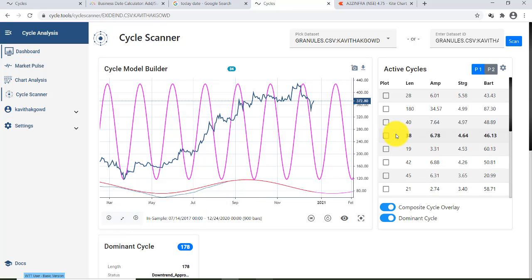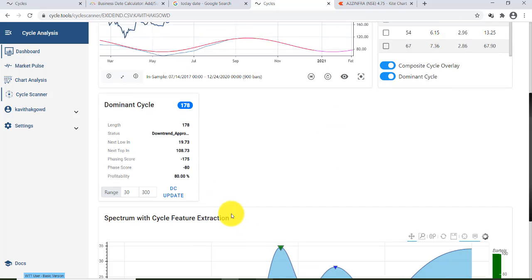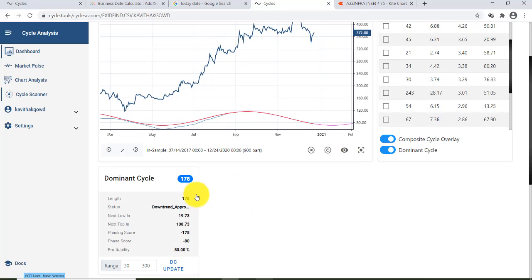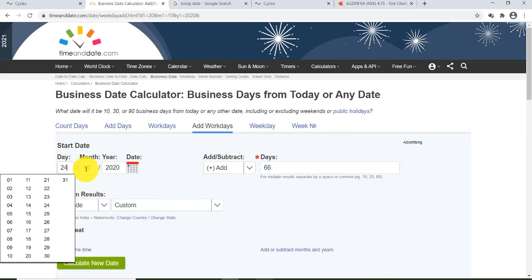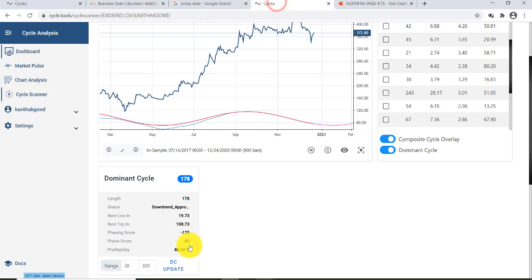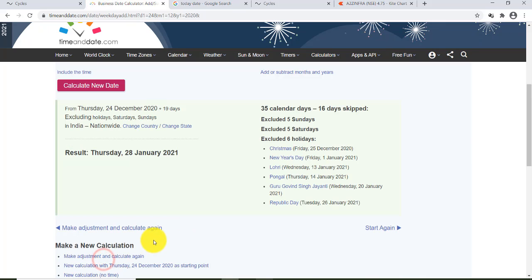See, again it is still showing a 178 days cycle. So the next low will happen in 19 days. So from 24th December, if we add 19 days, it is 28th January.